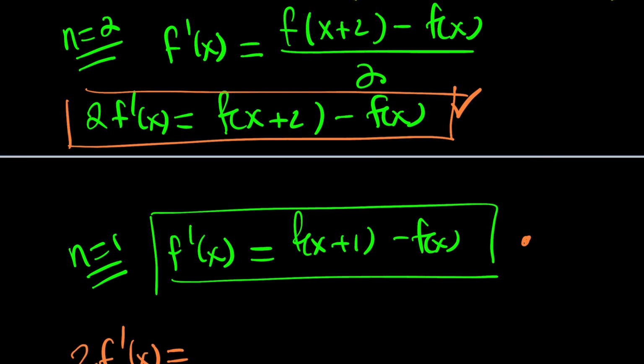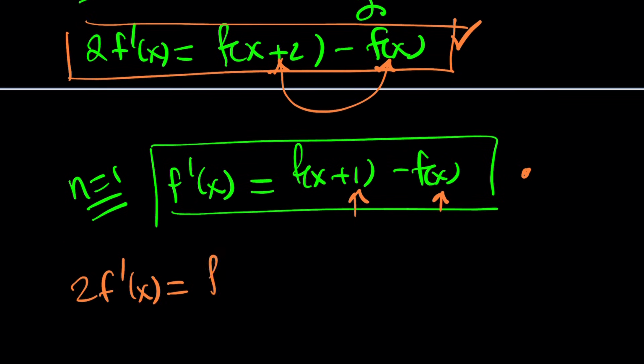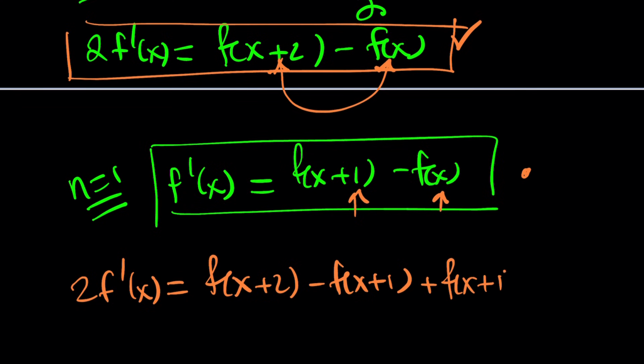Now, what is the problem here? First, identify the issue. The difference between the inputs is 2. You don't want that. You want them to be consecutive. So we're going to write this as f of x plus 2 minus f of x plus 1, so that these two inputs are back to back. But of course, you can't just subtract f of x plus 1. You also have to add it, which is good. That works well. It's icing on the cake.